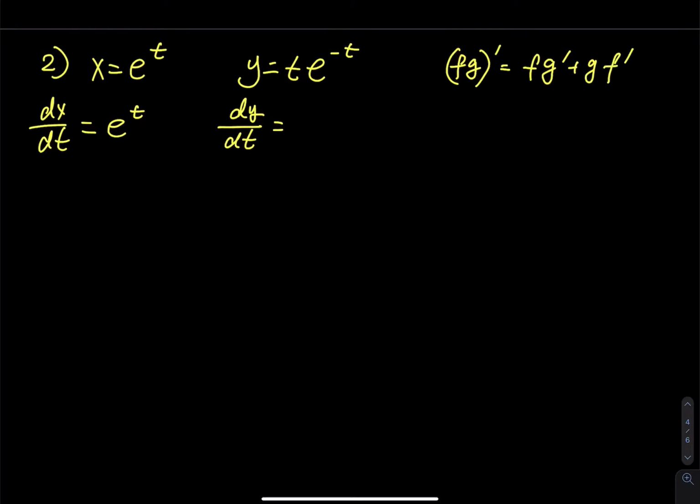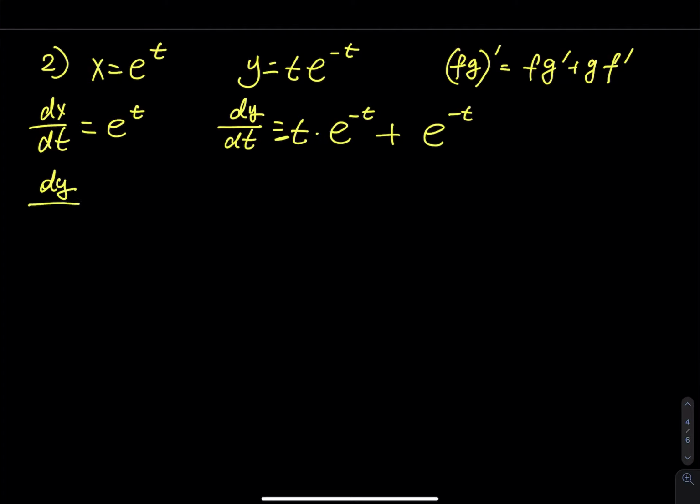So that will be t times e to the negative t, right? And then by chain rule, the derivative of negative t is negative 1, so let's just put the negative in there. And then plus g is e to the negative t, times the derivative of f, which is the derivative of t, equal to 1. So we have the derivative.